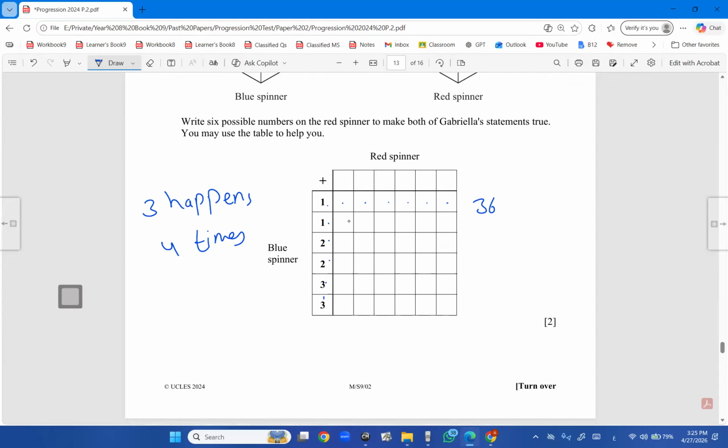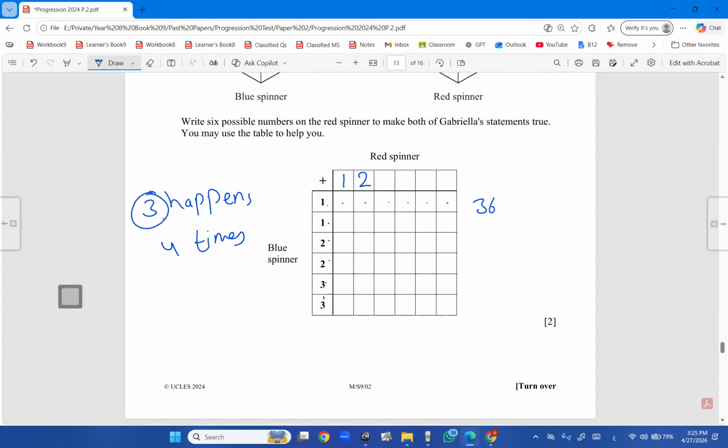I know for sure that I can add the 1 to something, and I can add the 2 to something to give me a 3. But adding the 3 to something to give me a 3, no, because I don't have a 0. So the 3 is not going to help me find the 3 that I want 4 times.